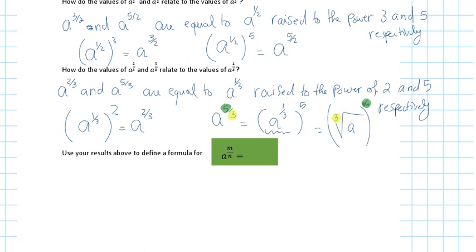Is this going to always happen? Let's see here. That's the same thing as writing the cube root of a to the power of 2. So that power of 2 is on the outside, and that denominator, which is the 3, is the cube root.